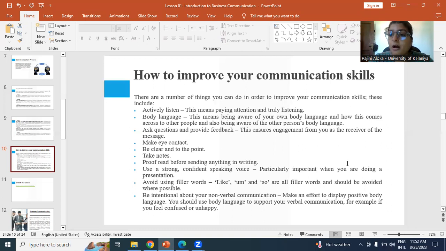Mainly in a business setting, if you want to show interest, you show interest through your body language as well.